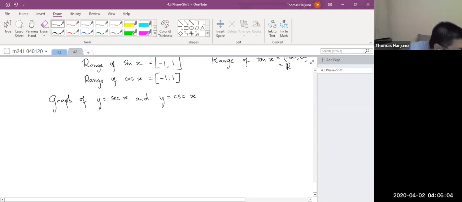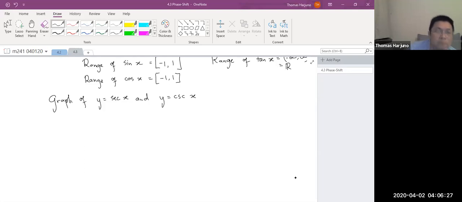I didn't go over this in 4.2, 4.3, and 4.4 because I want you to focus on sine and cosine first. If you are good with your sine and cosine, actually graphing secant and cosecant is on the easy side.